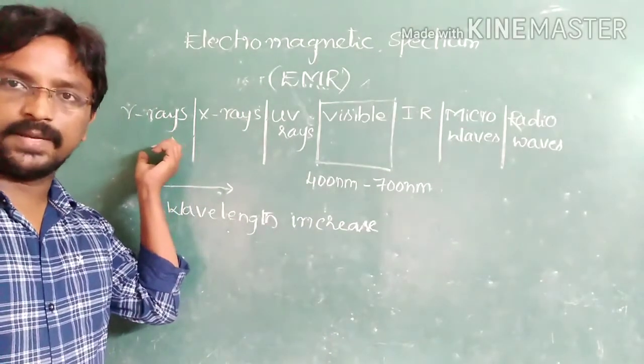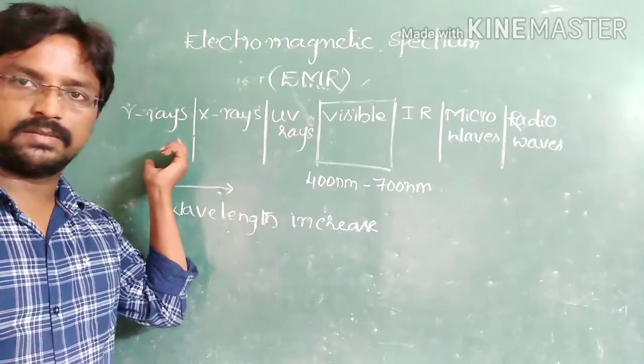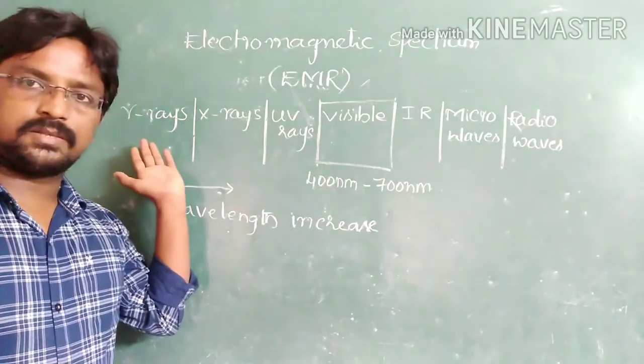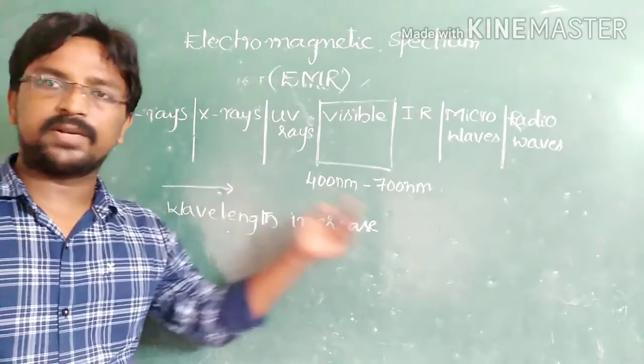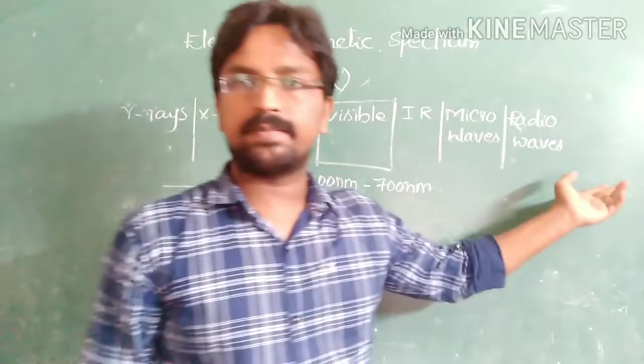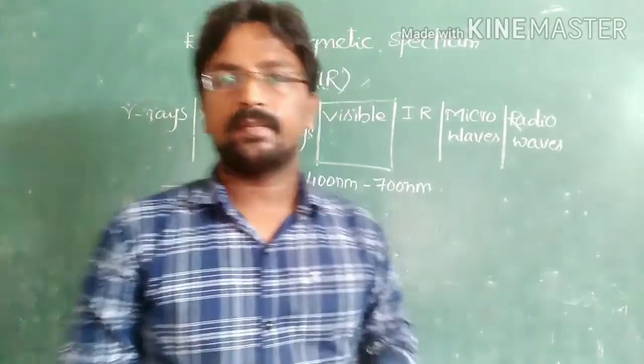At gamma rays the wavelength is very short. Moving to the right side, the wavelength gradually increases. Finally the longest wavelength is at radio waves.